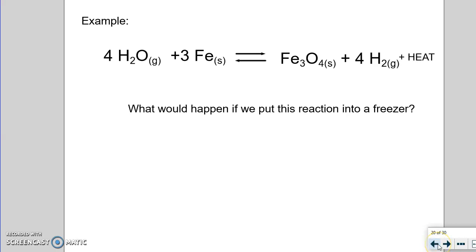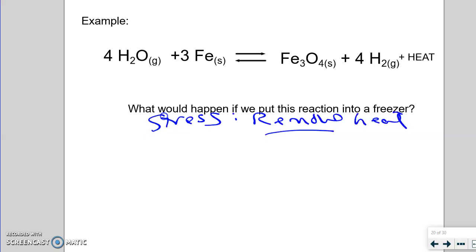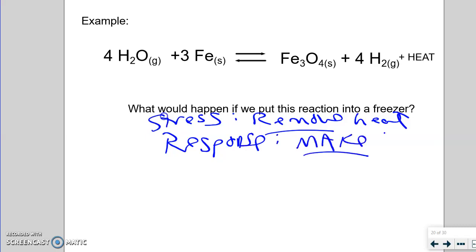So if we put this reaction into a freezer, the stress is that we remove heat. The system says, ouch, you removed heat, so I am going to respond by making heat. So the reaction would run in the way that made more heat.